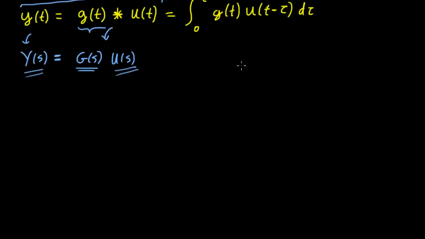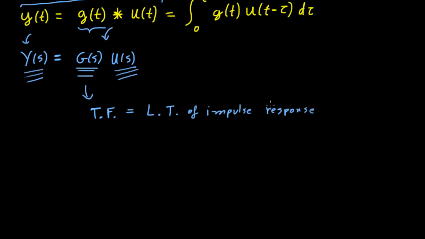Again, the Laplace transform of the output is the Laplace transform of the input times the Laplace transform of the unit impulse response. So, as you see, the transfer function of a system, quite amazingly, is just the Laplace transform of the impulse response.